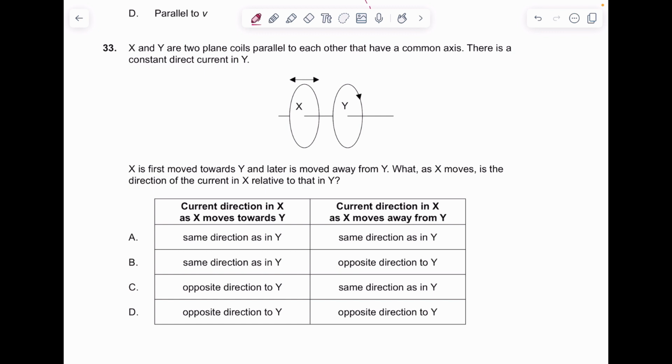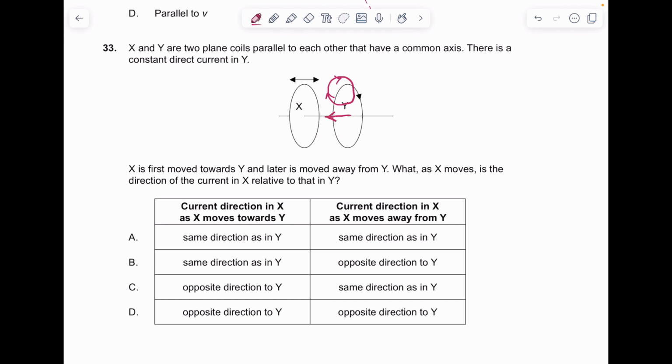Okay, so if we use the right-hand grip rule on the coil on the right-hand side, we see that the field on the right-hand side is going in this direction through the middle. So as X is moved towards Y, a current is induced, a field is induced.